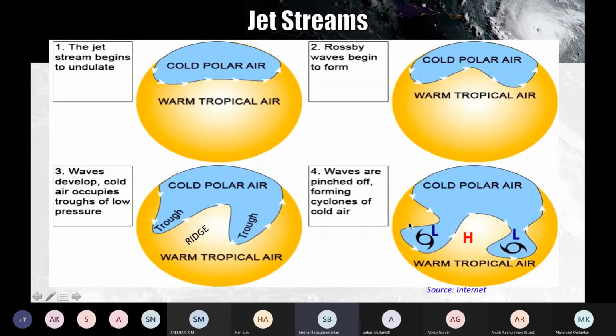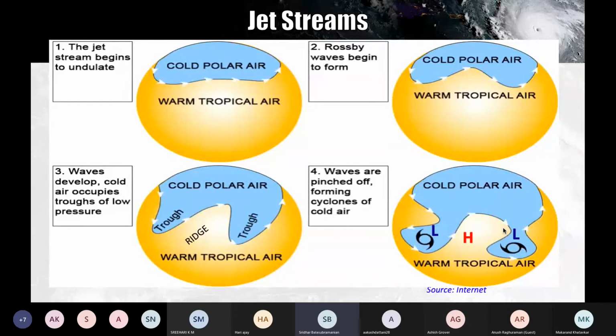But later on, another vortex can come in and give inclement weather. So basically, these are not stationary systems. They move from west towards the east. That is why you have episodes of very cold weather followed by hot weather and followed by cold weather.